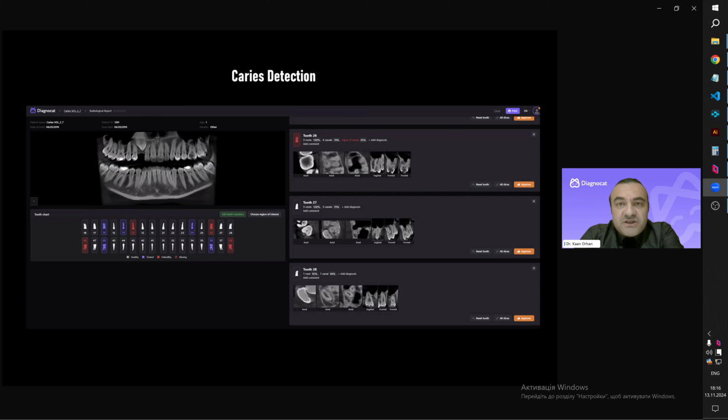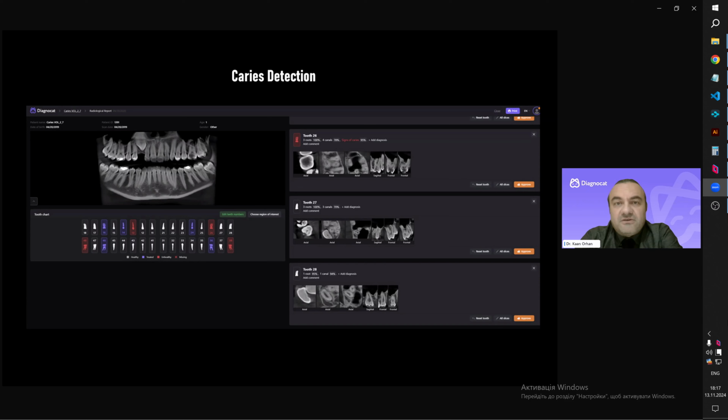So, as I mentioned, it's not just the 2D modality. Nowadays, we are using DiagnoCat with 3D modeling as well. Normally, CBCT has huge challenges in detecting caries lesions because of technical limitations, because of the artifacts in the CBCT, such as beam hardening, such as scattering, such as blooming artifact, and so on.